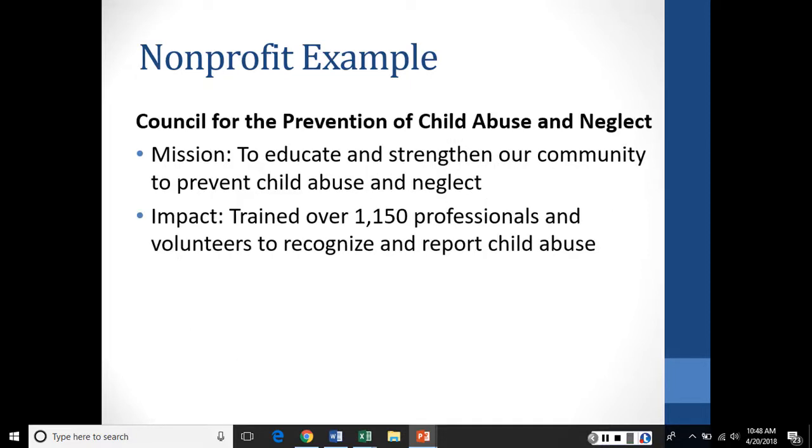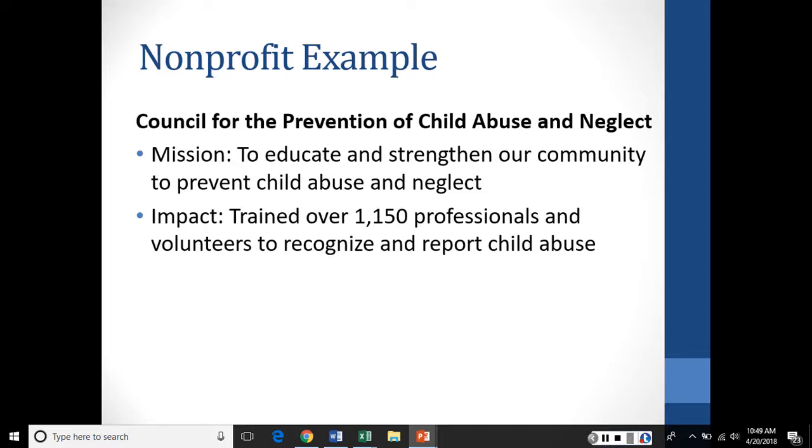We can also look at another organization, the Council for the Prevention of Child Abuse and Neglect. Their overall mission is to educate and strengthen our community to prevent child abuse and neglect. So their mission is specifically focused on education, and their impact is the number of people they were able to train. They were able to train over 1,150 people to recognize and report child abuse.